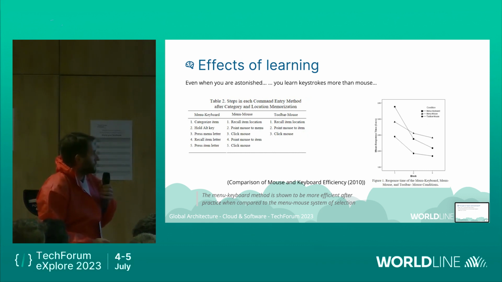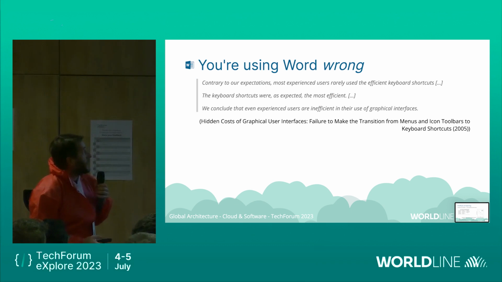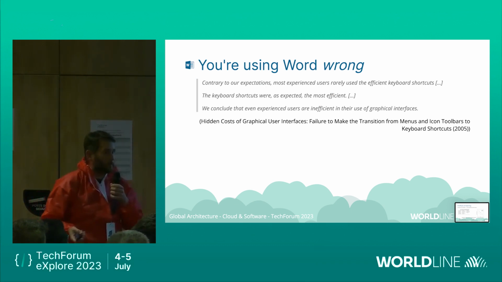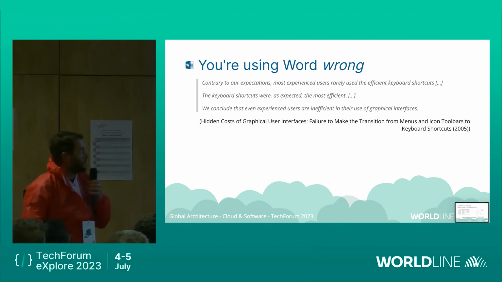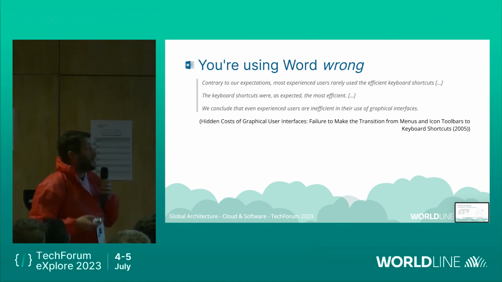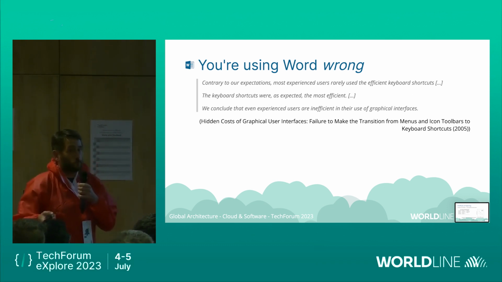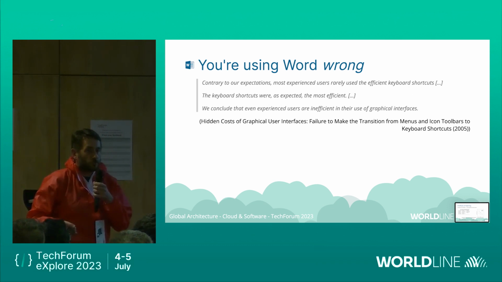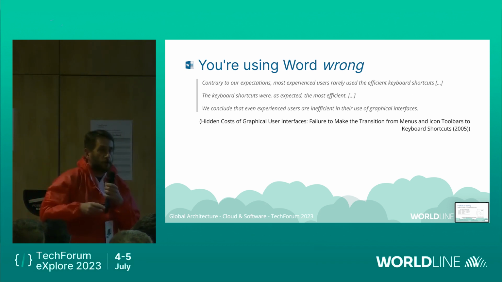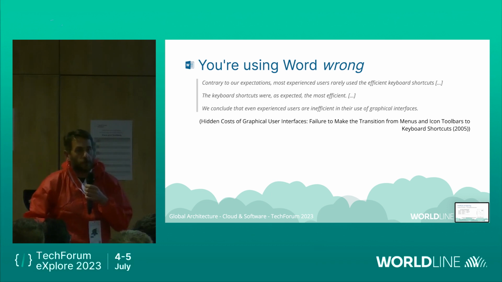And finally, the last one, it's a study on Word that you all use on a day-to-day basis, that says that even the most proficient users of Word don't use the keystrokes. But when measured, they are faster on the keyboard than on the mouse.